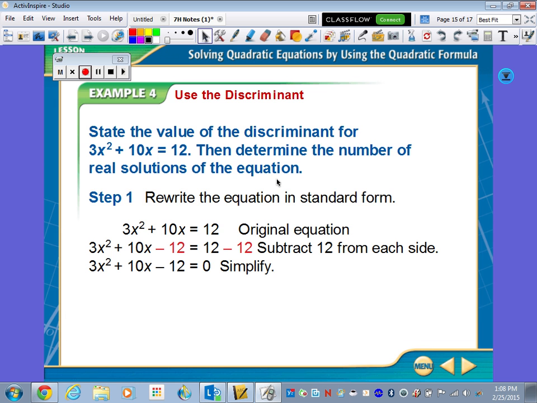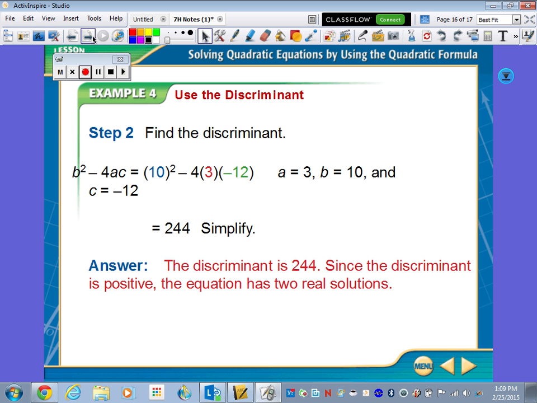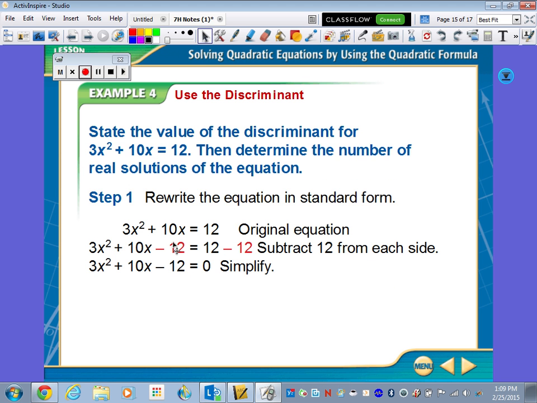Now we want to state the value of the discriminant, so I want to know what it is, and then I want to know how many answers there are. I don't want you to solve it. I just want to know how many and what kind of answers. So the first thing you're going to do is set this equal to 0. They subtracted 12 from both sides, which is what you want to do. Then they use the discriminant. Notice that A is 3, B is 10, and C is negative 12.